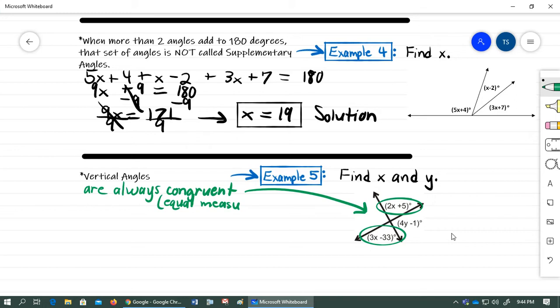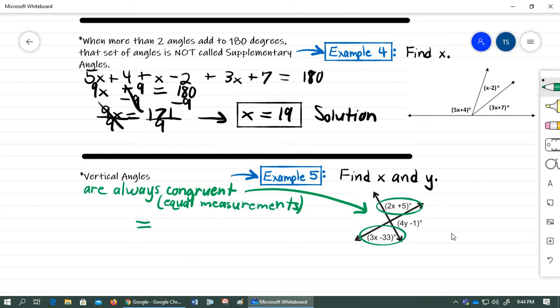So those two angles will have equal measurements, which means you literally set the measurements equal to each other.